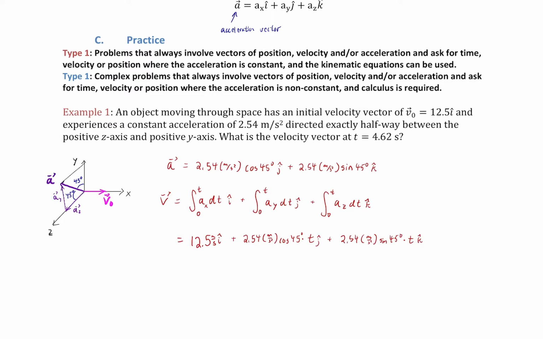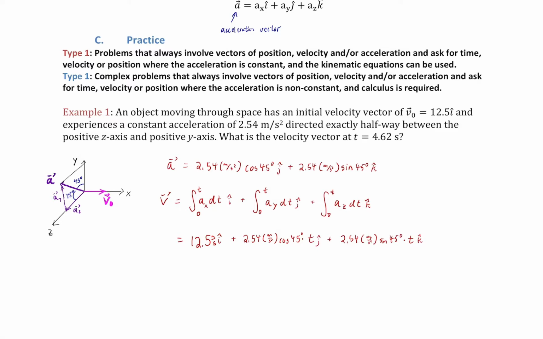If I plug in a constant, because a sub y is, after all, just a number, and then I integrate it, I just end up with t. It's a definite integral, I'm integrating from 0 to t, because I know that the initial velocity in the y and z directions are 0, so I don't have to worry about a constant of integration.